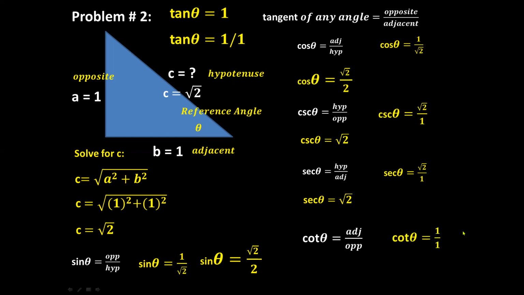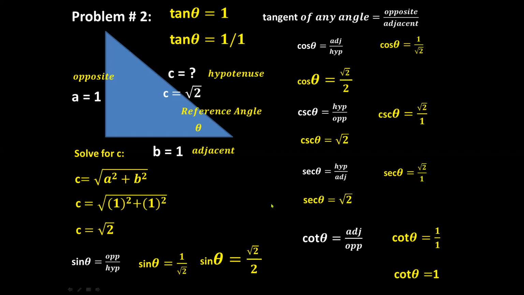But 1 divided by 1 is 1. Cotangent theta, ang value is 1. Now, nakumpleto na natin ang ating other 5 trigonometric functions. Given ang tangent theta is equal to 1. At ito ang other 5 trigonometric functions natin na atin lang nahanap. At yan ang ating problem number 2.